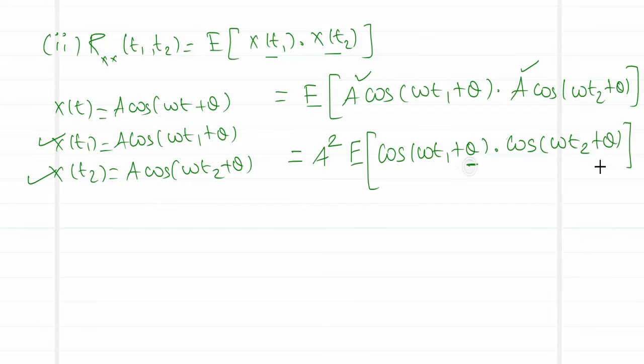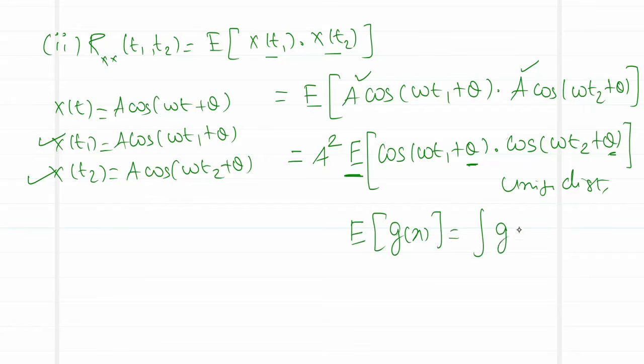Now this is the random variable theta, which is going to be uniformly distributed. So whenever theta is uniformly distributed, what will happen to my expectation? I will have to apply the formula: expected value of g of x is the integral of g of x into f_X of x dx.